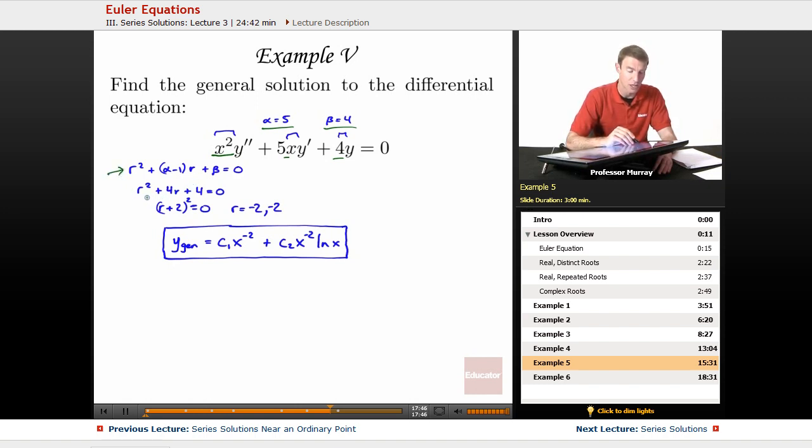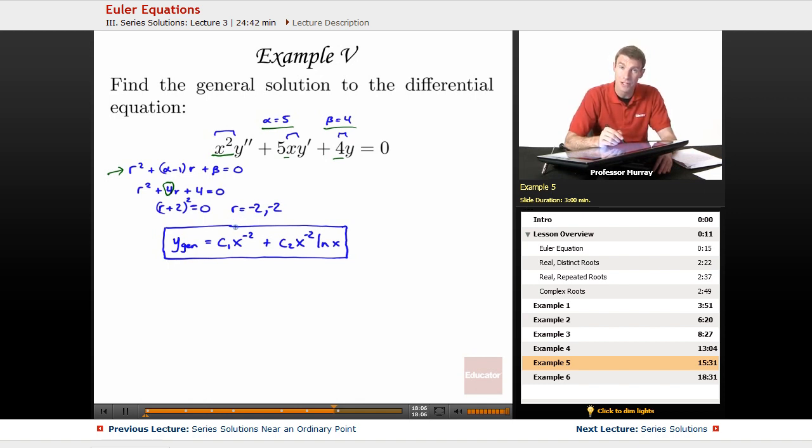And so we get r squared plus 4r plus 4. That's using alpha minus 1 to get that 4 right there. That factors easily into r plus 2 squared equals 0. And so that turns into r equals -2. So that's a double root.